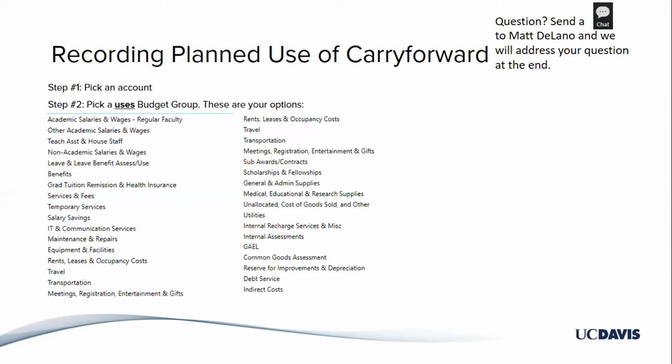So the steps are the same, and the drop-down boxes are the same, but it's the selections within those drop-down boxes that really differentiate the two. And like I said, step 2 is the most important one because it determines whether you're recording a source or a use budget group. So these are all the different use budget groups you have to choose from for whatever you're trying to record.